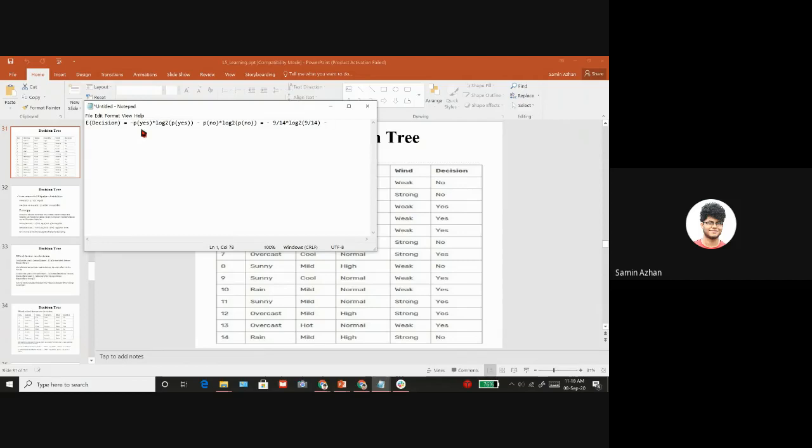We have 5 no's, so the probability of no should be 5 divided by 14 times log base 2 of 5 divided by 14.